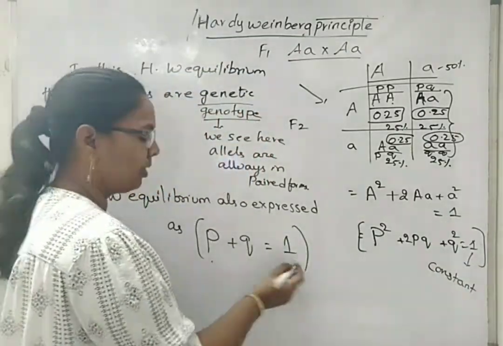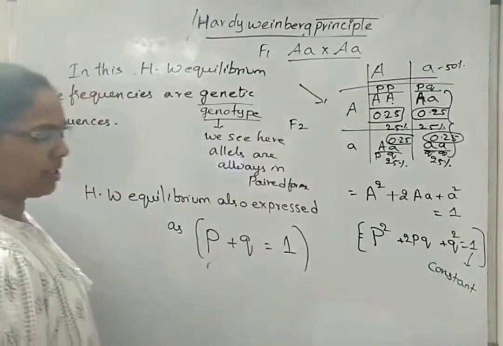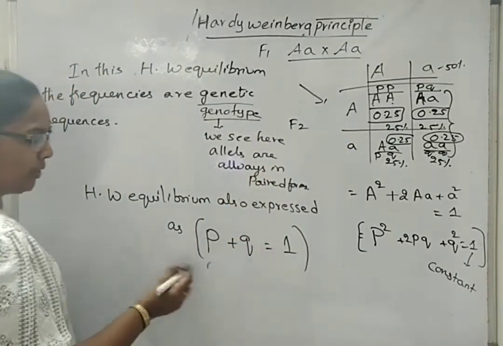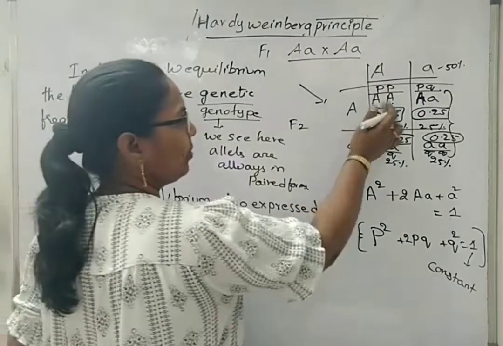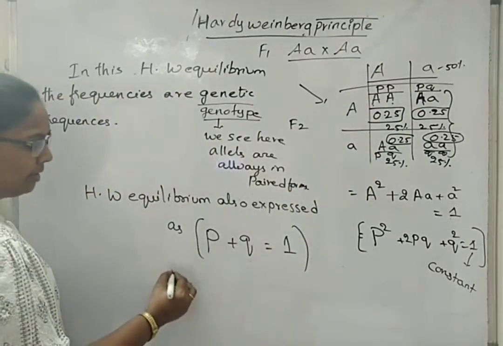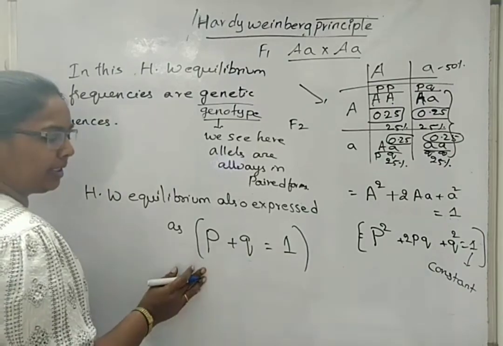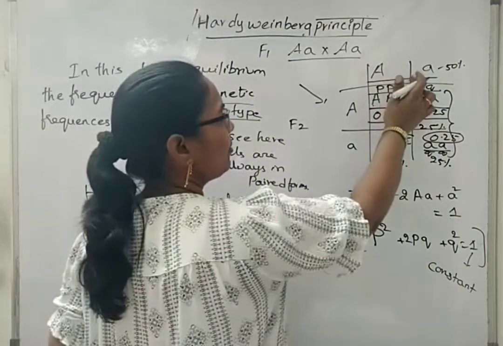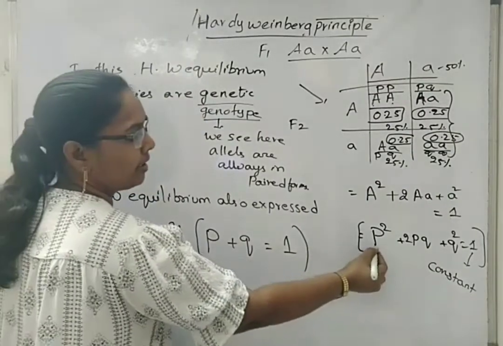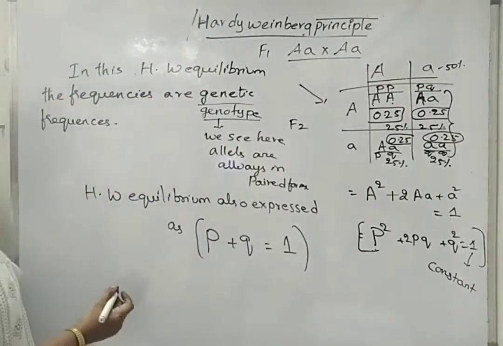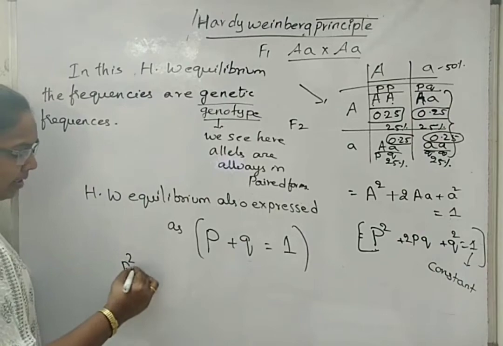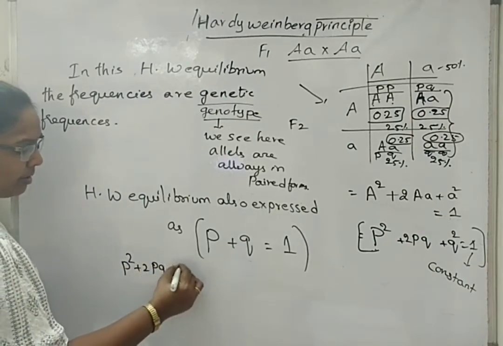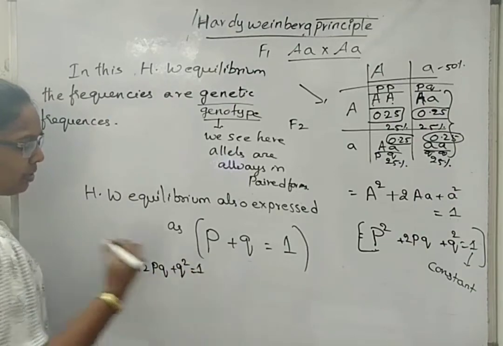P plus Q is also equal to a constant. Now let us apply the values to both equations. First we will take this equation and apply it. We write P square plus 2PQ plus Q square is equal to 1.